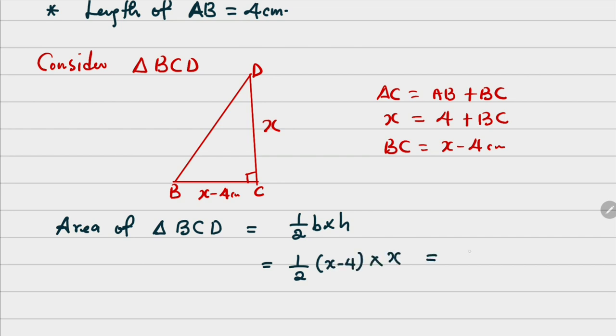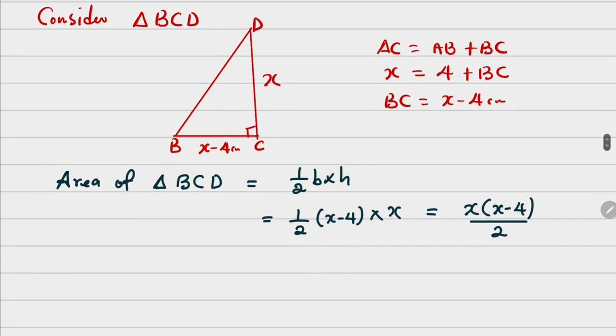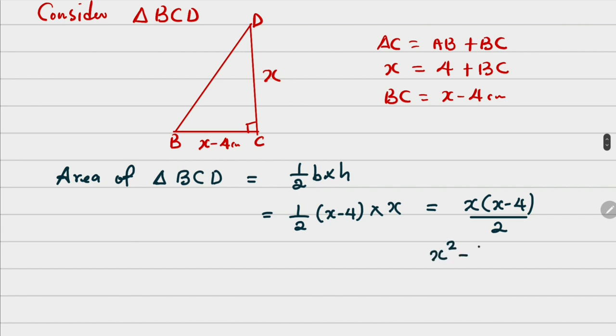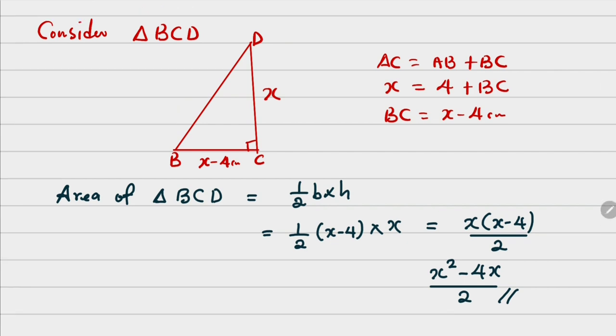So basically this is going to be x into x minus 4 by 2. We can expand it to have x squared minus 4x all over 2. So this is the area of triangle BCD.